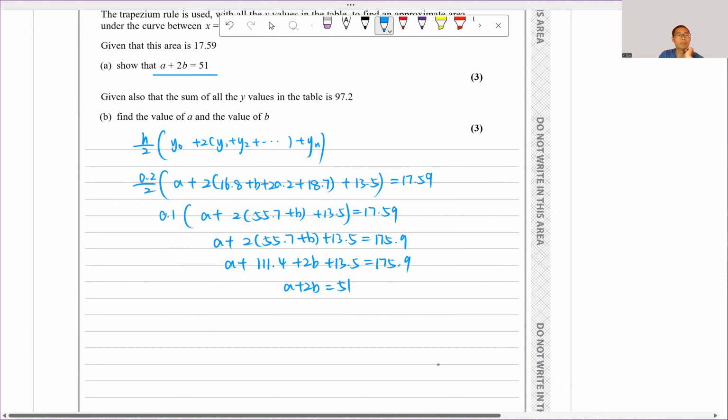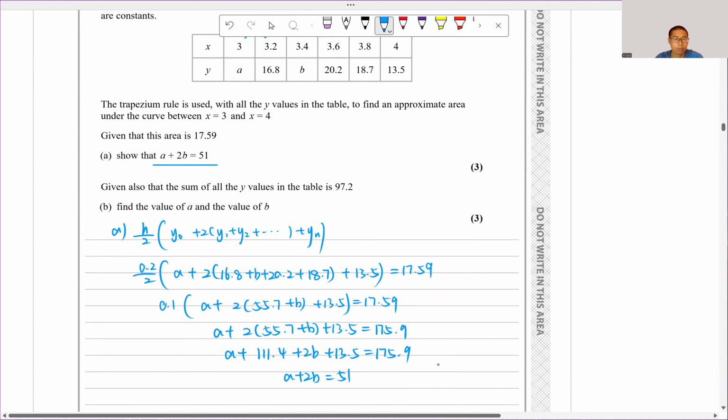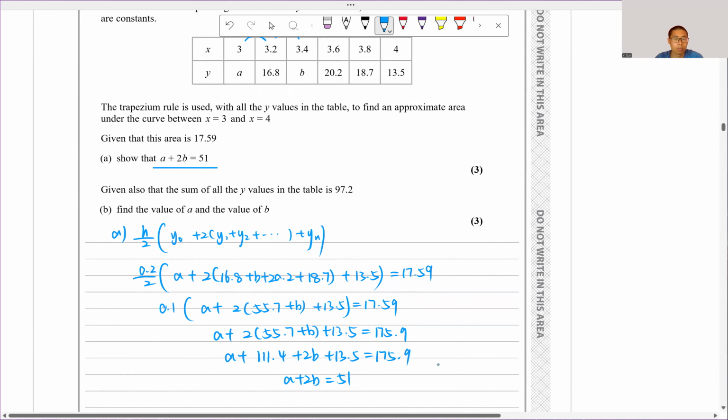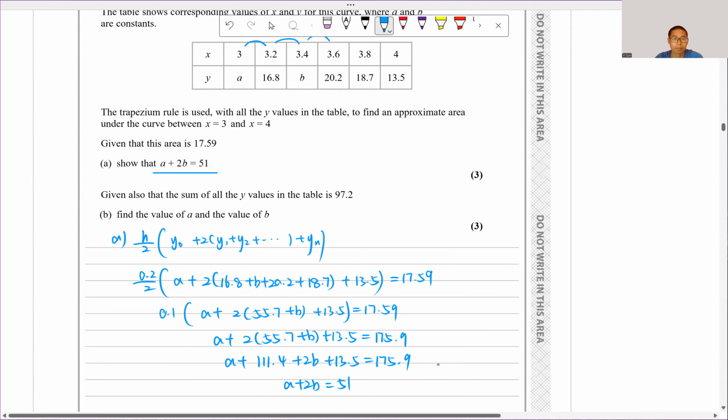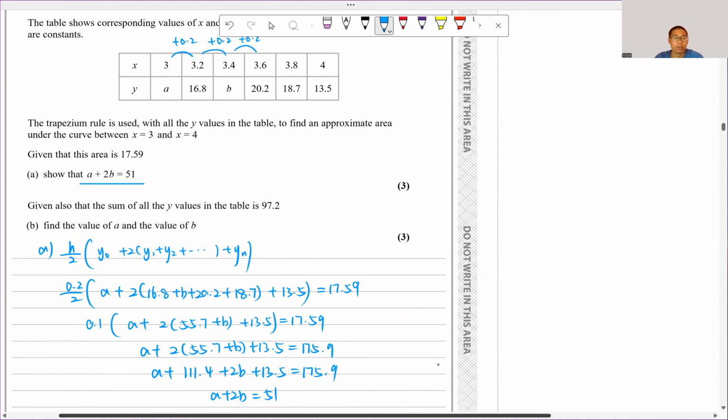And then part B, given also that the sum of all the y values in the table is 97.2, we want to find the value of a and the value of b. So if the sum of all the y values is 97.2, then a plus 16.8 plus b plus 20.2 plus 18.7 plus 13.5 will all add up to 97.2.